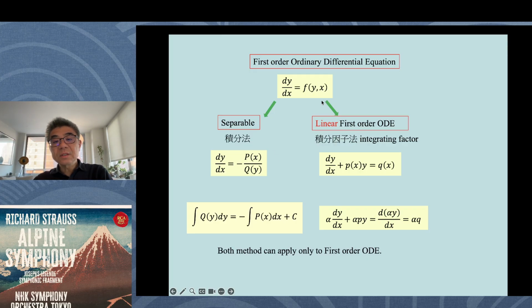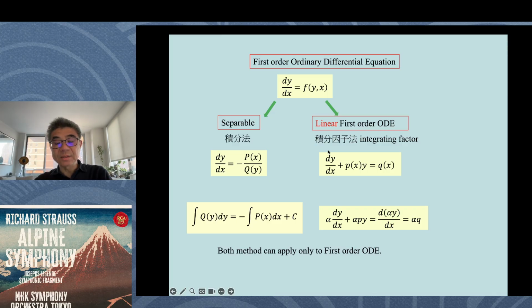There's another simplification that will make the solution available. If f(y, x) could be written in this form, dy/dx plus p times y equals q, we usually call it a linear first order ordinary equation.